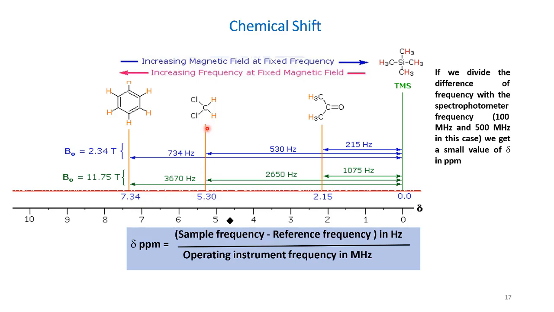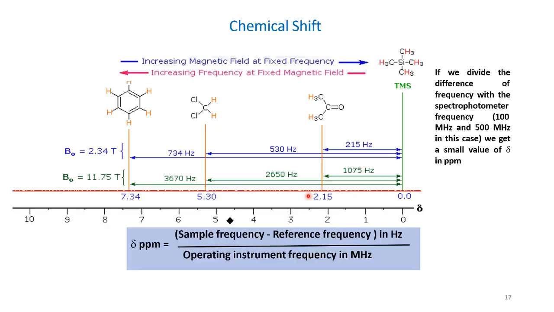If an electronegative element is attached, it will be somewhere here. And if there is no electronegative atom, but a double bond is there, or a less electronegative atom, then it will be somewhere in this range. That is how we can get to know what kind of functional group is present in our sample.